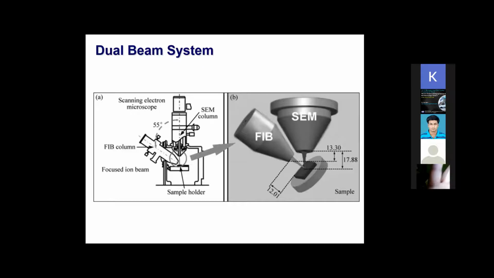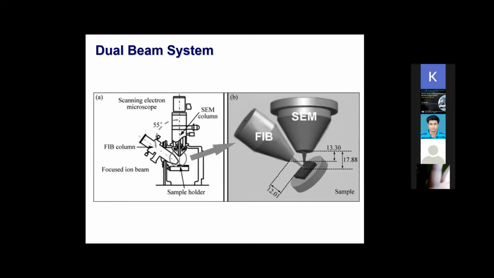And if you see a dual beam system, you have an electron column and an ion column, but there has to be an angle between the two, because of technical reasons. The angle normally made between the two columns is around 52 degrees or maybe 54 degrees, so that you can do imaging and ion milling at the same time.